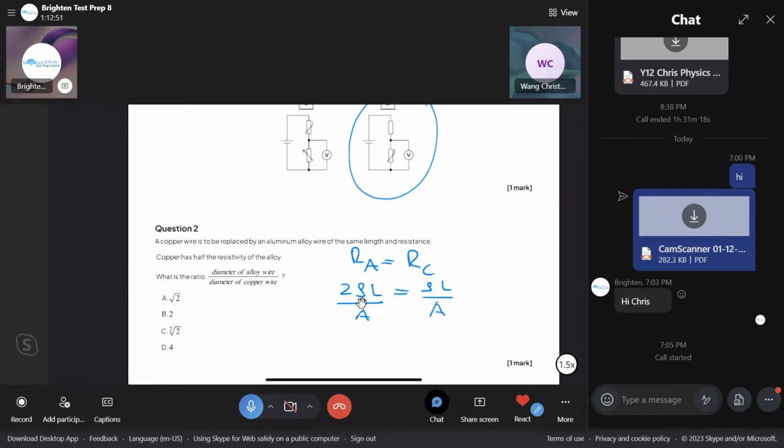I think we have to differentiate the A, make the symbol. Then the resistivity and the length cancel out. And the cross-sectional area of alloy equals twice the cross-sectional area of copper.